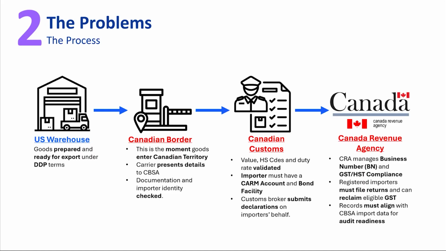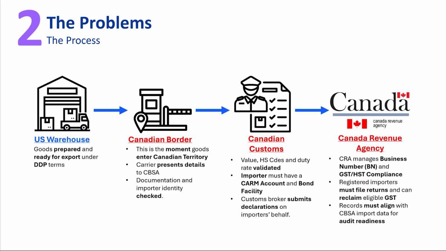In order for this to be done properly, you need to have an active CARM account. Your BN number needs to be in place, otherwise you wouldn't have been able to register your CARM account, and a customs bond already needs to be in place. Now, I know this sounds like a lot, and we'll start breaking this down a little bit later, but this is just to give an overarching picture. Finally, you get to the CRA, and this is where the tax aspect of this shipment ultimately lies.